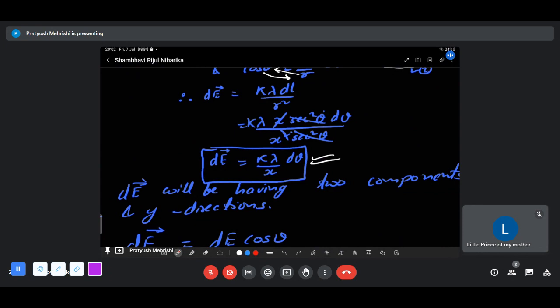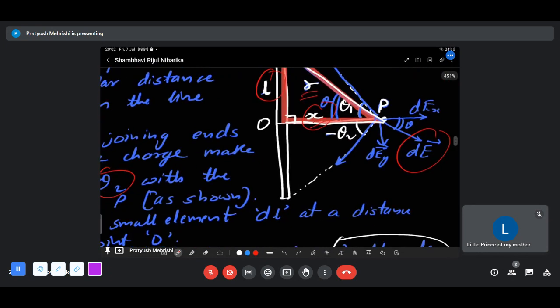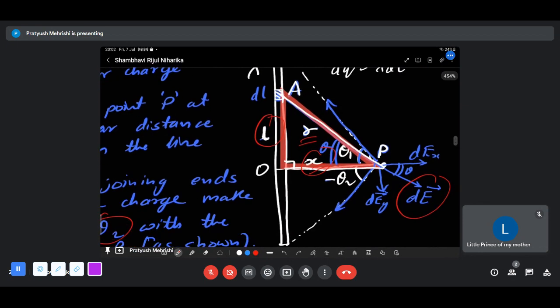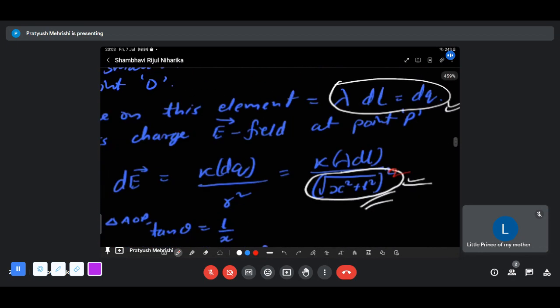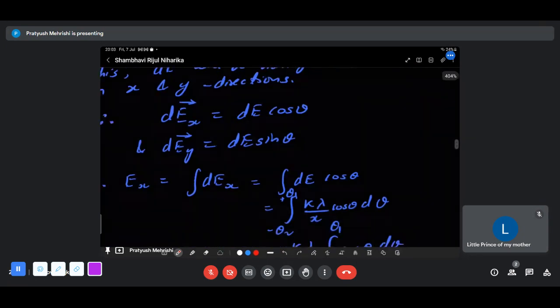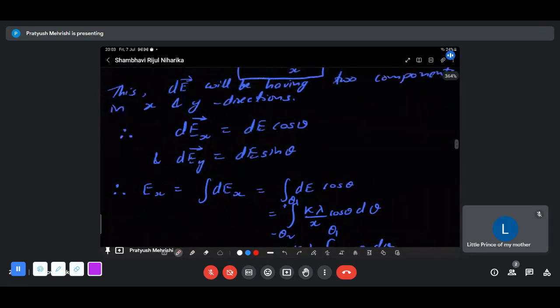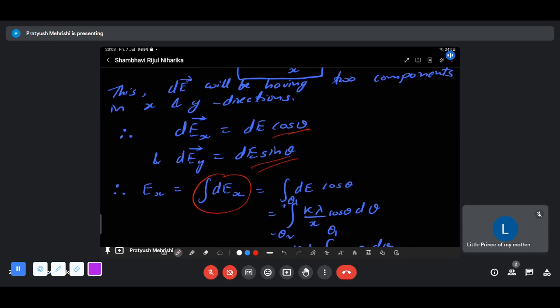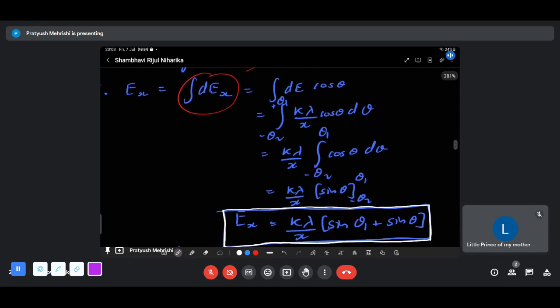this dE will have two components in x and y directions. dE in x direction, dE in y direction. In x direction it is cos theta, and in y direction it is sin theta. For the x direction we will integrate the x component, and for the y direction we have to integrate the y component. When we integrate it from minus theta 2 to plus theta 1, then integration of cos theta will be equal to sine theta.